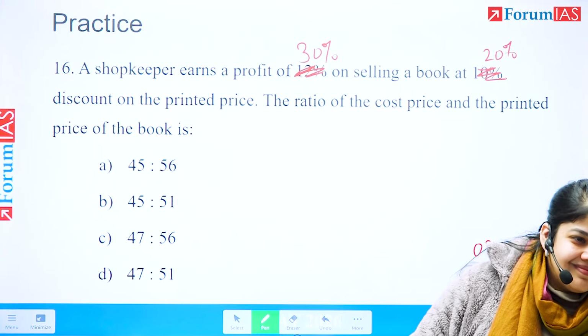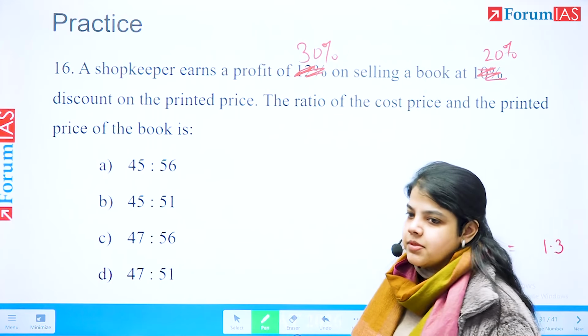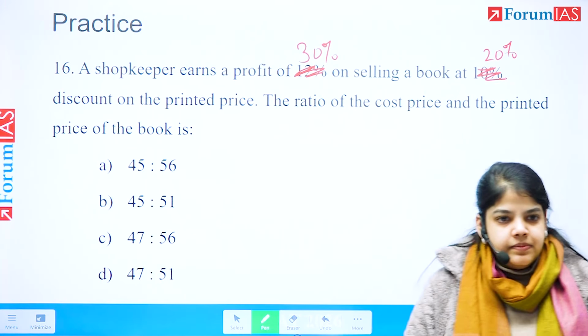What is the selling price? 1.3. What is the cost price? मतलब cost price के terms में 0.8.